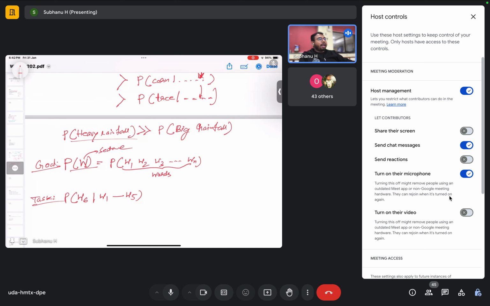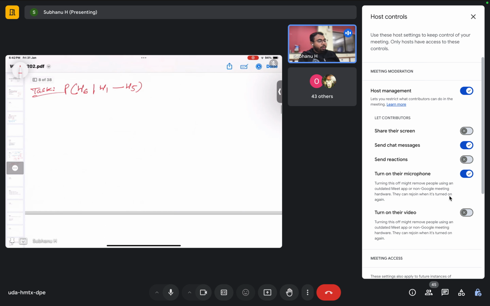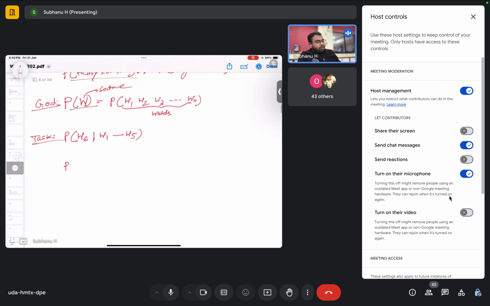A model that calculates either of these is referred to as a language model. To solve this using the probabilistic model, we always use the chain rule of probability.